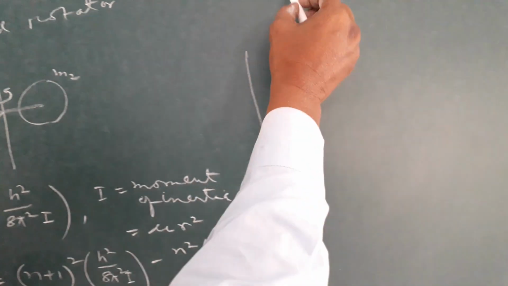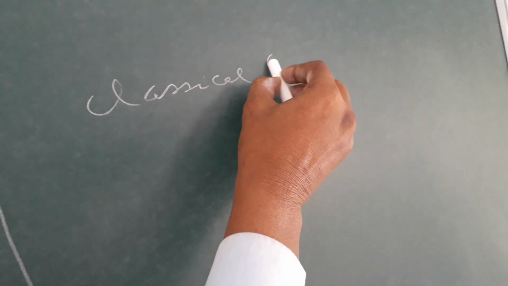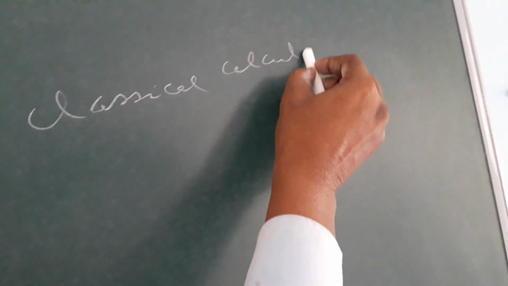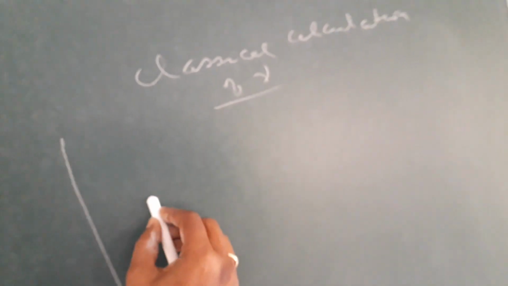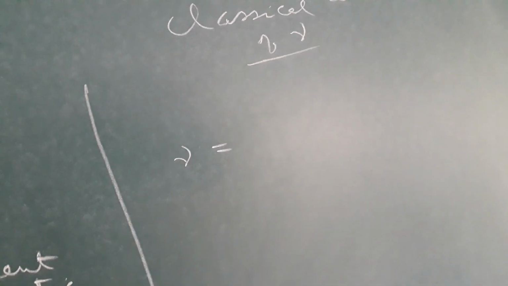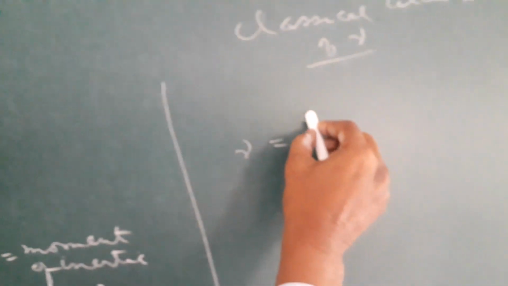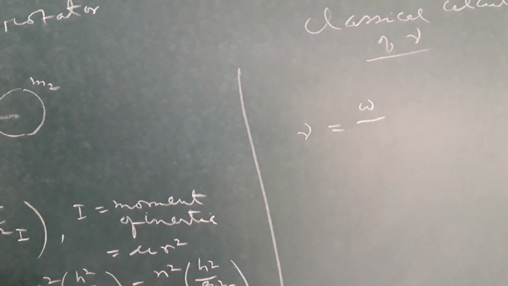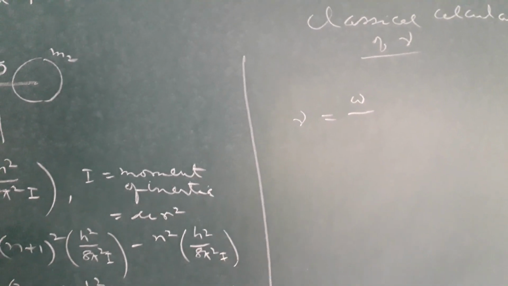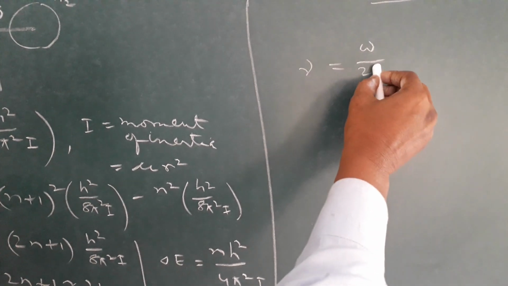Now, if we use the classical calculation of the frequency of this radiation, then nu, equal to the frequency of rotation of this rigid rotator, will be equal to the angular velocity, meaning the angle covered in one unit time, 1 second, divided by twice pi.